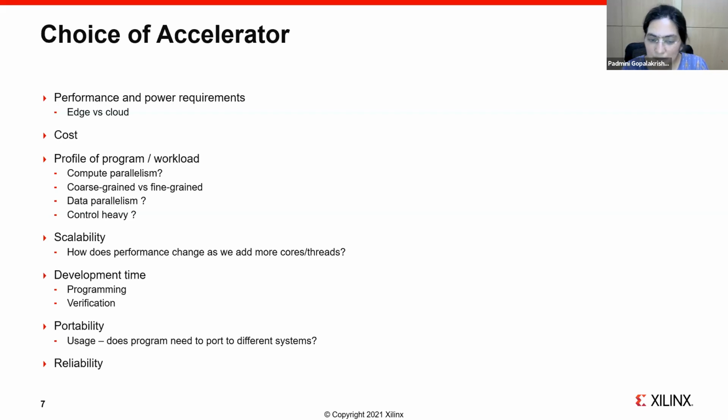An example is a surveillance camera, or a program running on your cell phone. Those are applications that run on the edge. Something that runs when you do a Google search, for example, or an image search, would run on the cloud.